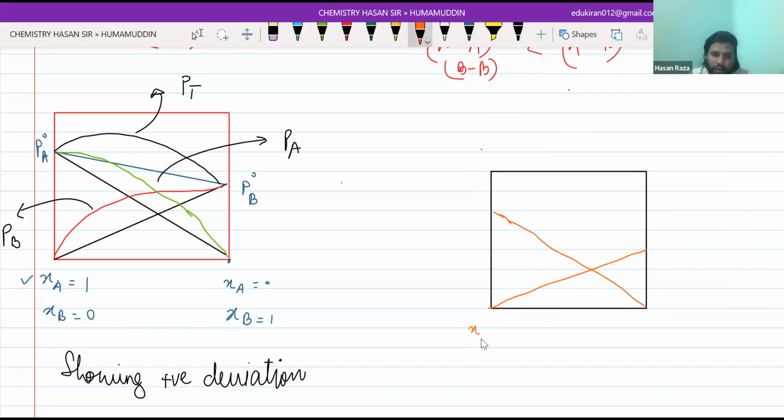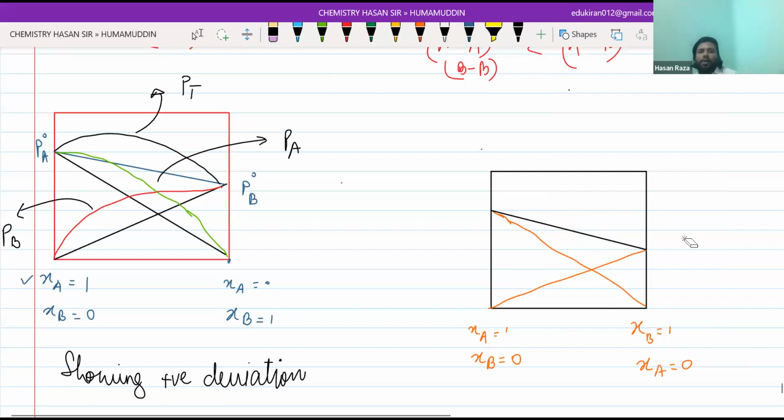So if this is your x_A is equal to 1 and x_B is equal to 0, and this is your x_B is equal to 1, x_A is equal to 0. Now if you join these two, this graph is basically for the ideal solution.